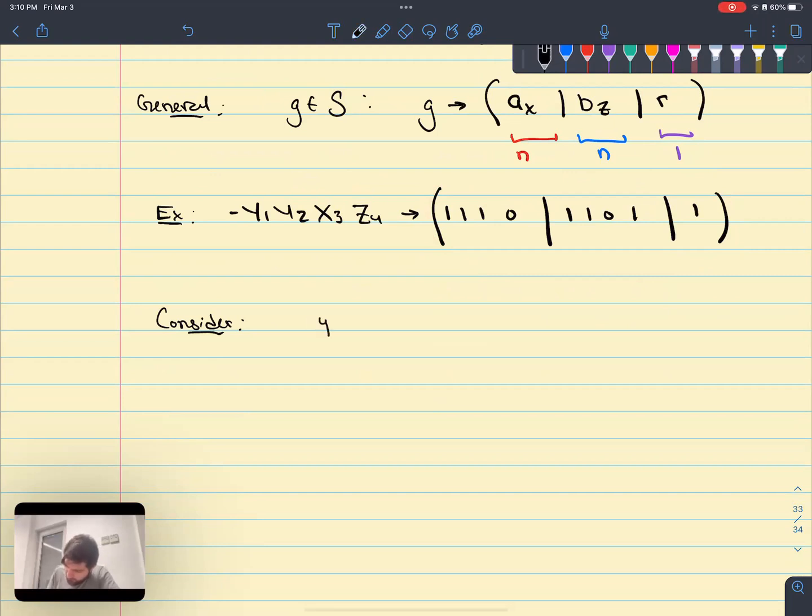I will call it R. And they are vectors in a space of bits, Z2 to the 2n plus 1. And so what I'm saying before is that for some G in the stabilizer group, you can map that to some R_G element of Z2 to the 2n plus 1.